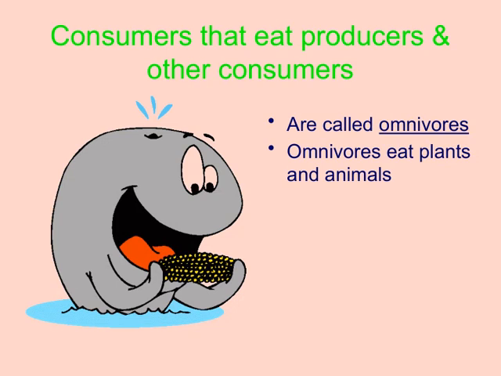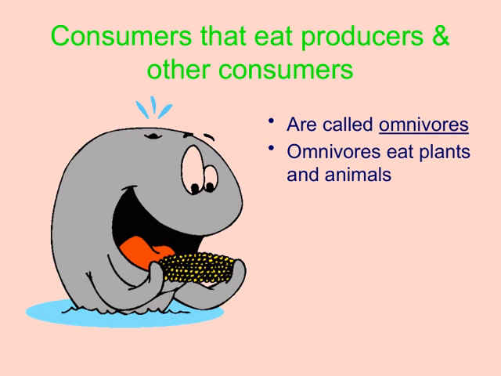Now, let's talk about consumers that eat producers and other consumers. These are called omnivores. Omnivores are unique because they have a varied diet that includes both plants and animals. Essentially, they can eat a wide range of food sources, which makes them quite adaptable in different ecosystems. This ability to consume both types of food highlights the interconnectedness of food chains, showing how energy flows through different levels.